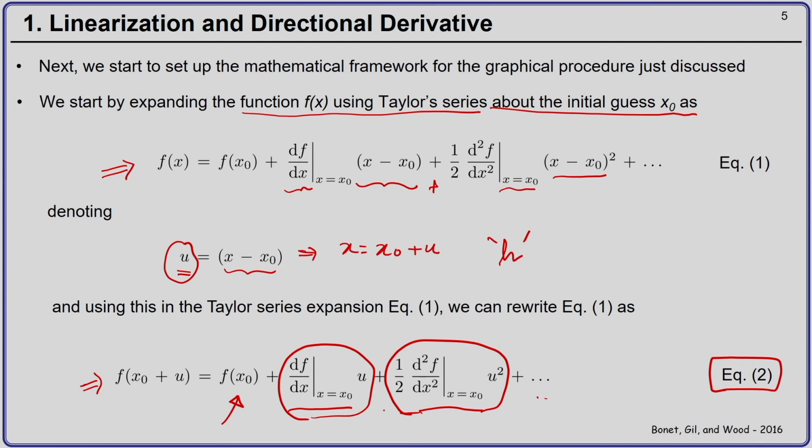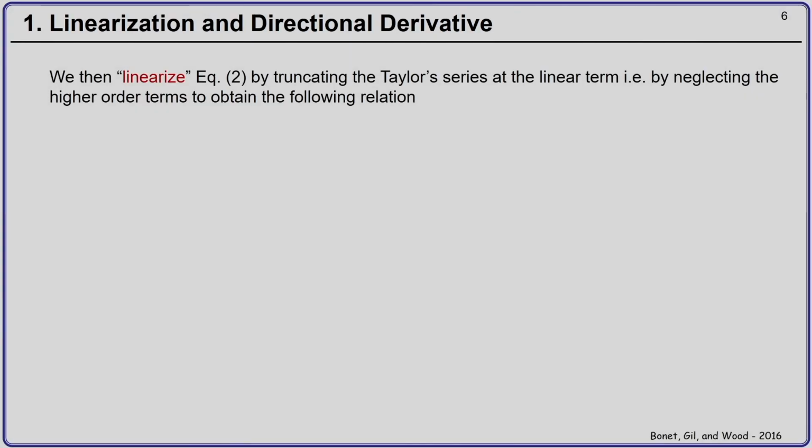So, all the terms beyond this linear term are nonlinear in u. To linearize, we neglect the higher order terms, terms containing u square, u cube and so on, in equation 2.